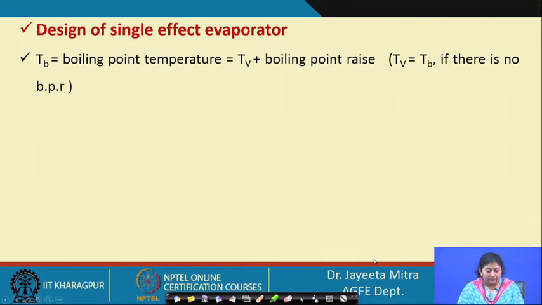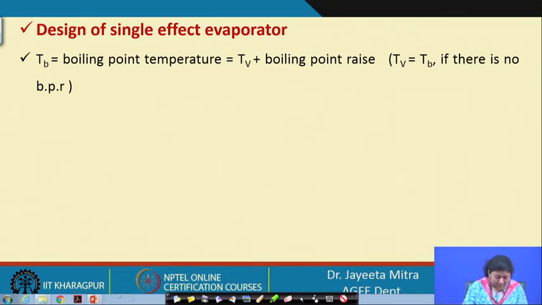Now, as I said in the previous slide, there will be a temperature Tv corresponding to the vapor pressure prevailing in the evaporator chamber, that is Pv. We have learned that there may be boiling point elevation because of the increase in the concentration of solid in the solution.